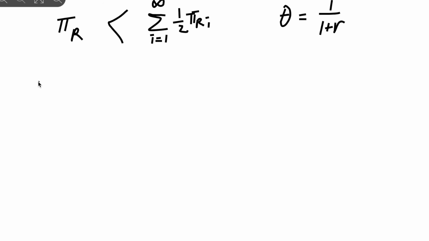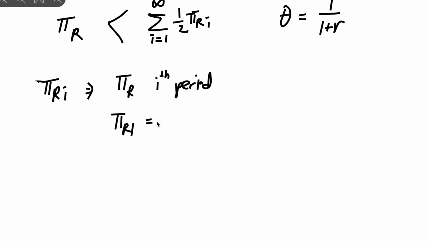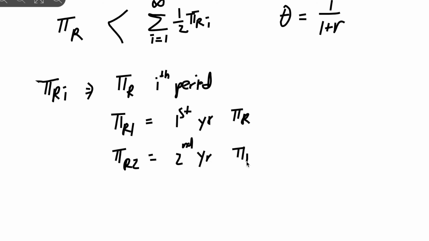So in here, if I say the total revenue of retailing at the ith period, right? So pi R1 means first year's profit of retailing, and 2 means second year profit of retailing.